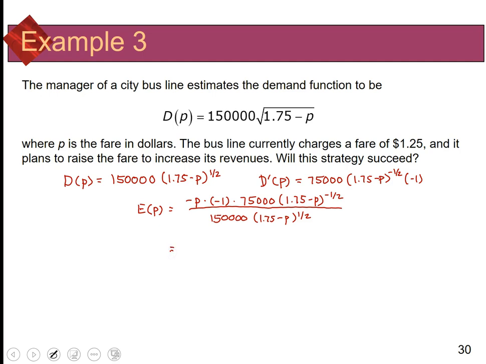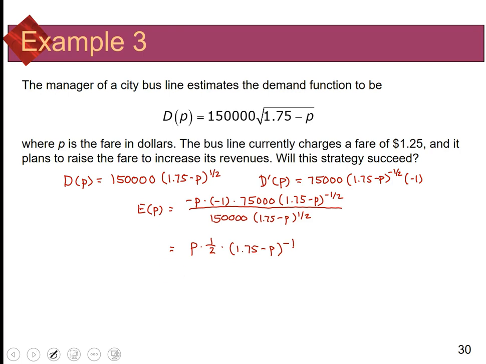Negative P times negative 1 is positive P. 75,000 divided by 150,000 is 1/2. 1.75 minus P to the negative 1/2 divided by 1.75 minus P to the positive 1/2 becomes 1.75 minus P to the negative 1 power.